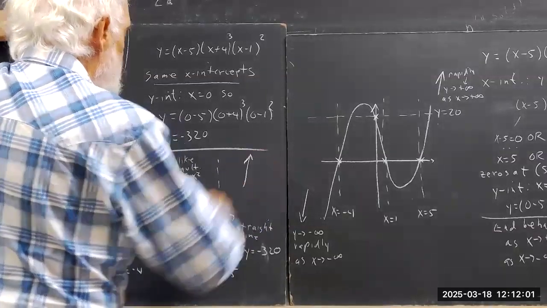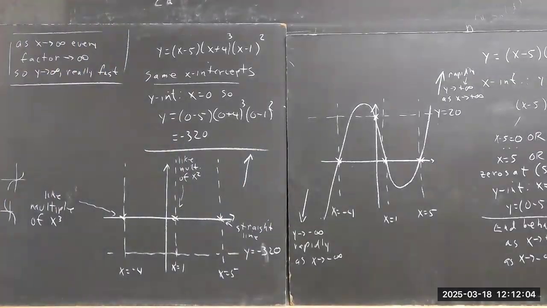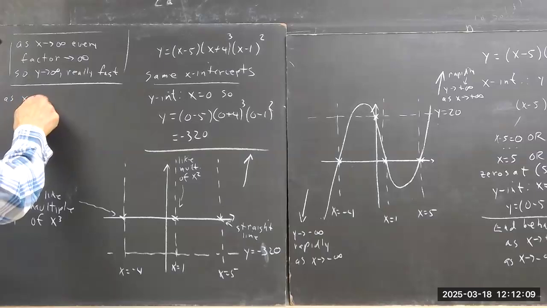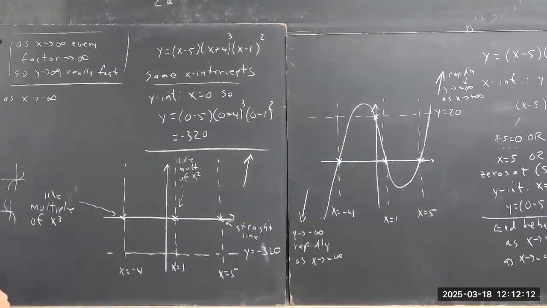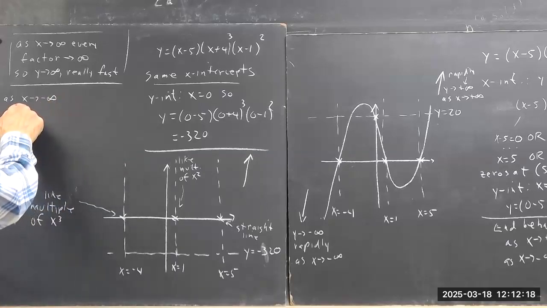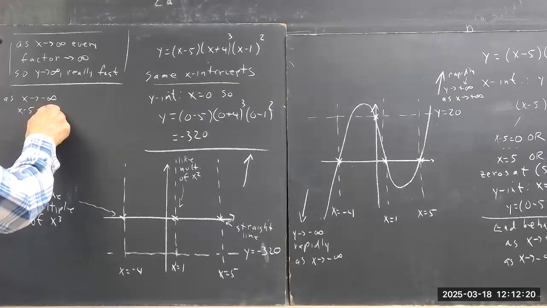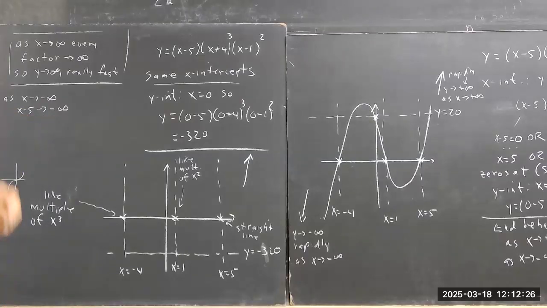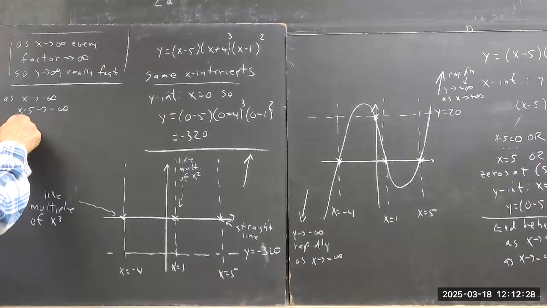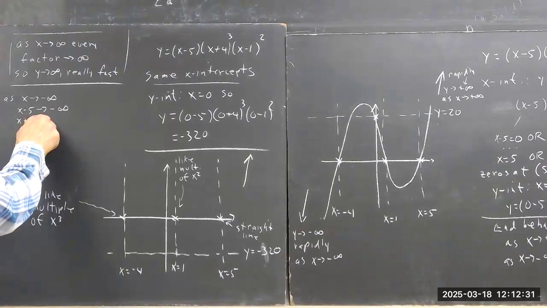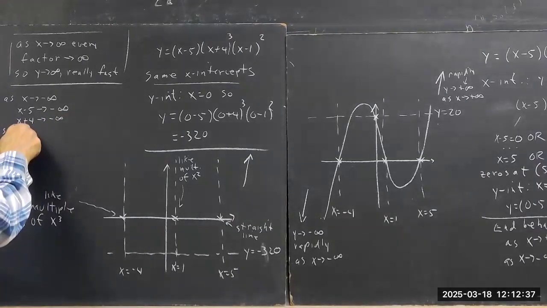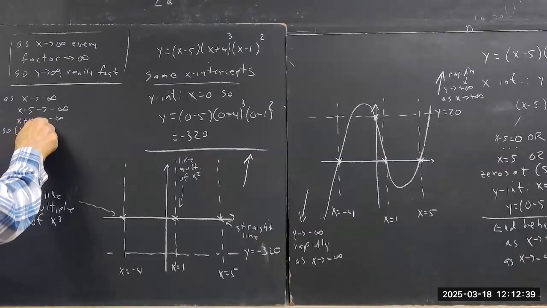So again, as x goes to negative infinity, x minus 5 goes to negative infinity, right? And x plus 4 goes to negative infinity.